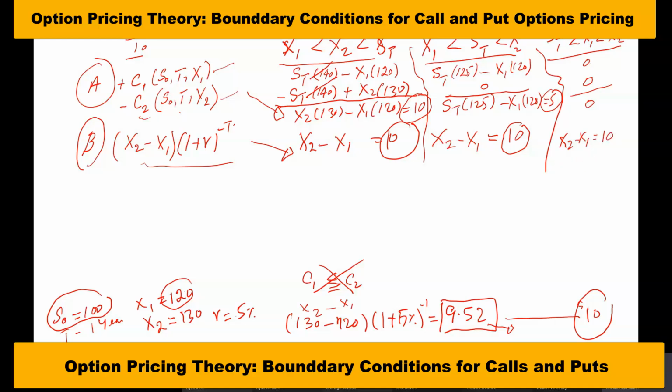Is it clear? Now, if you look at the three situations, which portfolio is dominating? Out of the three situations, 1, 2, and 3, portfolio B is dominating in two of them, and portfolio A is equal to portfolio B in the first.